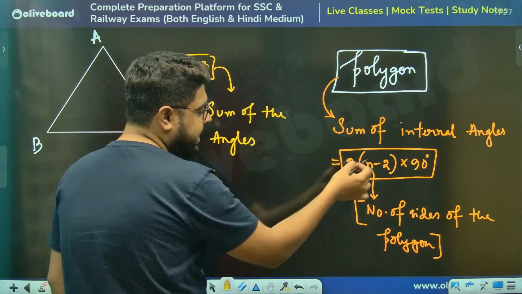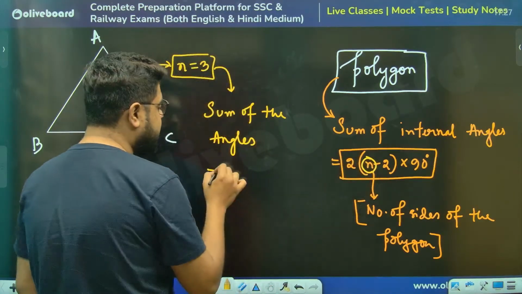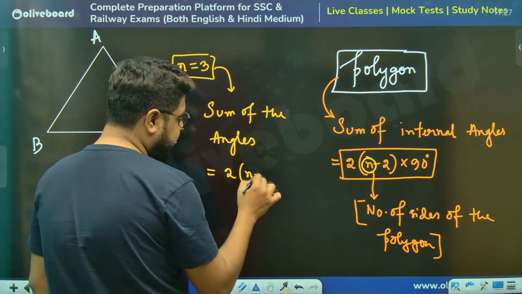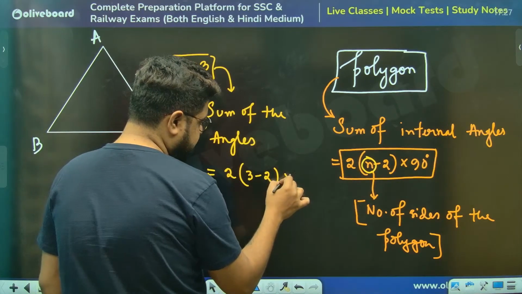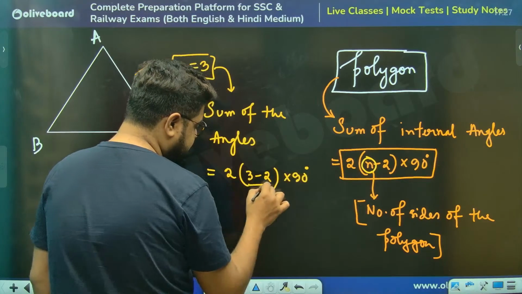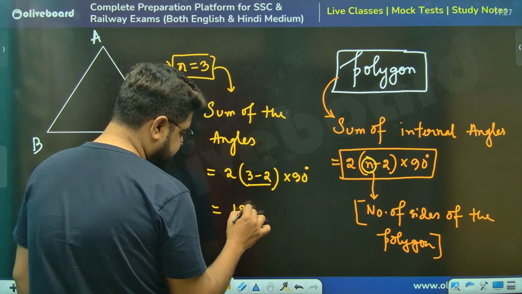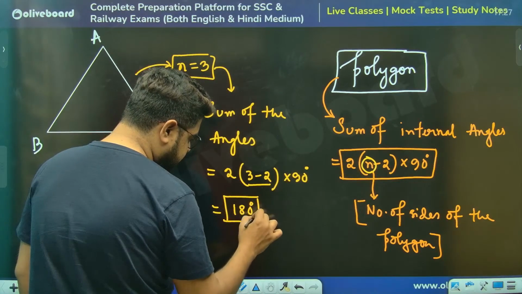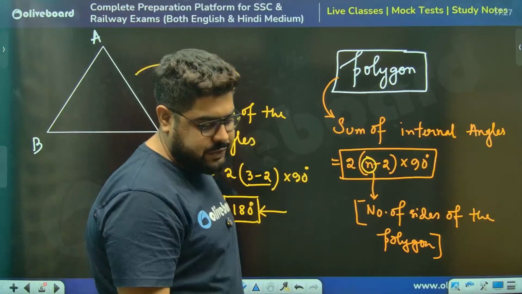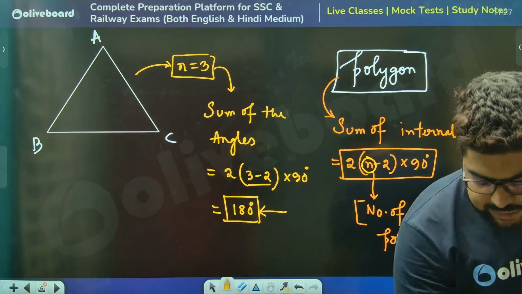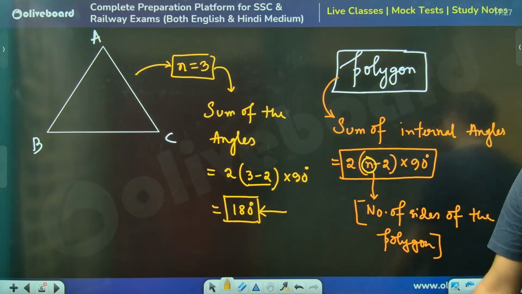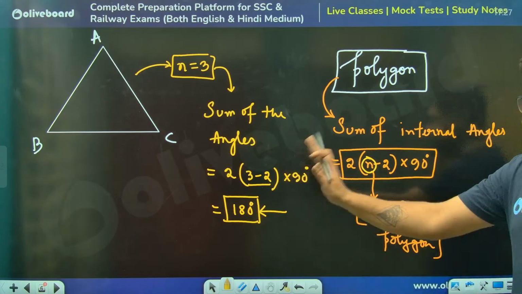You just put n equal to 3 in this particular formula. So 2 into 3 minus 2 into 90, which is 2 into 90, that is 180 degrees. So this is the first thing that Playfair had told us. This is the first rule, or you can say the verification of Playfair.